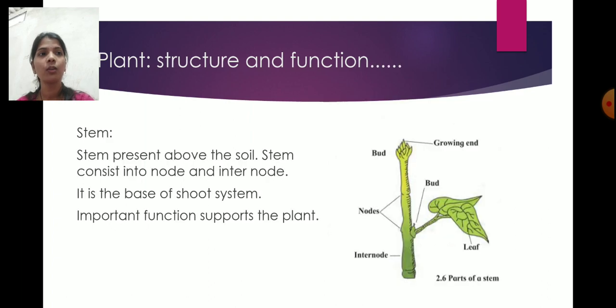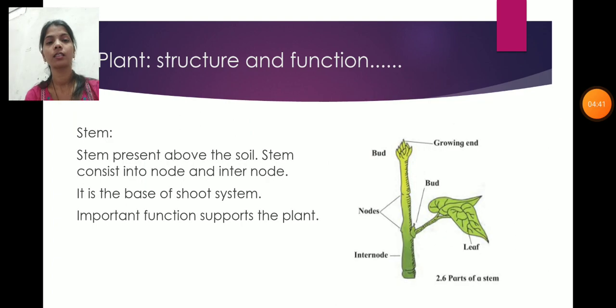Now the second part of the plant is the stem. The stem is present above the soil and it is the base of the shoot system. This part of the plant consists of two structures, that is node and internode.